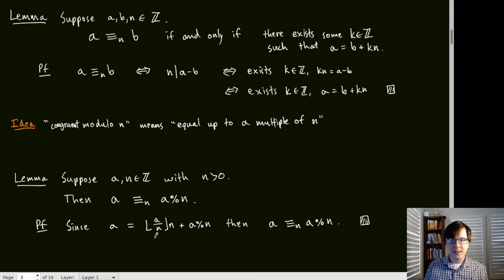And so, having this be k in the previous lemma, we see that a is congruent to a%n mod n. Or using how I've been saying it before, a is congruent to a mod n, which is a little ridiculous sounding. But this one's the operation, and the other thing is just this relationship.